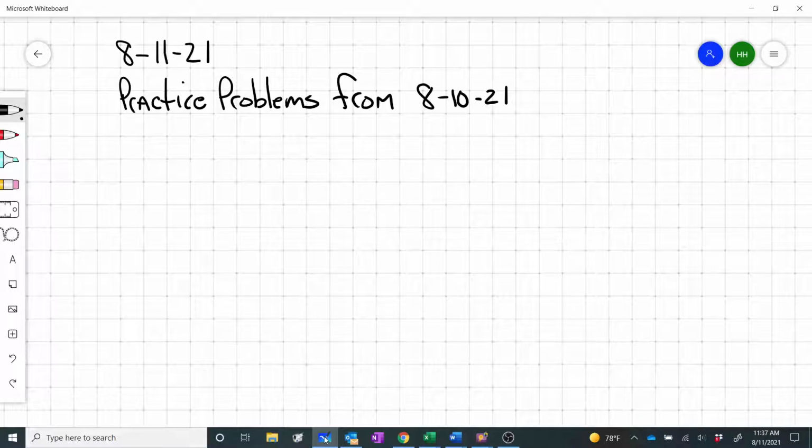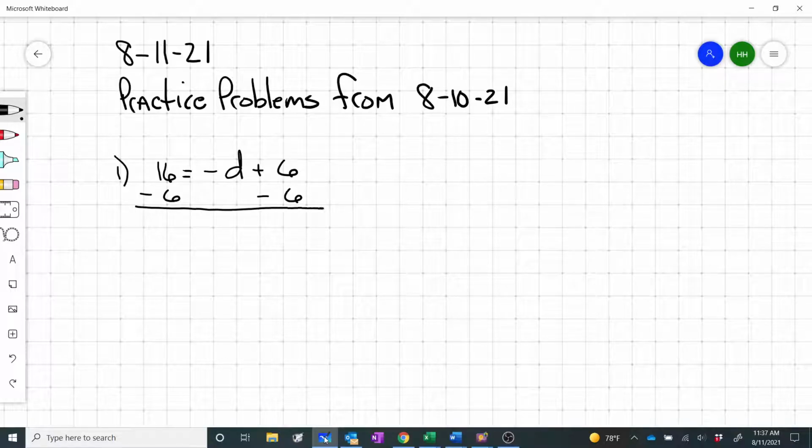All right, so from yesterday's assignment, number 1 was 16 equals negative d plus 6. All right, and in this problem, we're trying to get this d by itself, so we subtract 6 from each side. So we get 10 equals negative d.